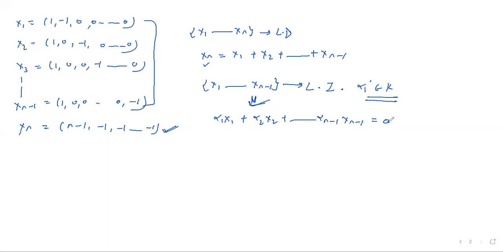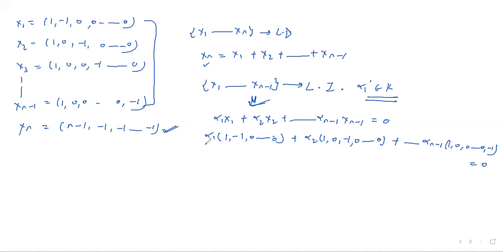Now if I compute it, what do I get? Putting the values, alpha 1 with the vector 1, -1, 0, 0, 0, plus alpha 2 with 1, 0, -1, 0, 0, 0, plus alpha n minus 1 with 1, 0, 0 to 0, minus 1, equals 0.